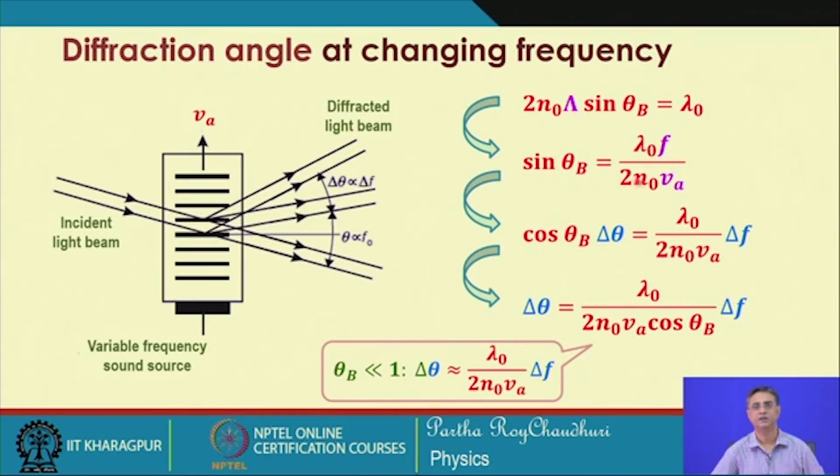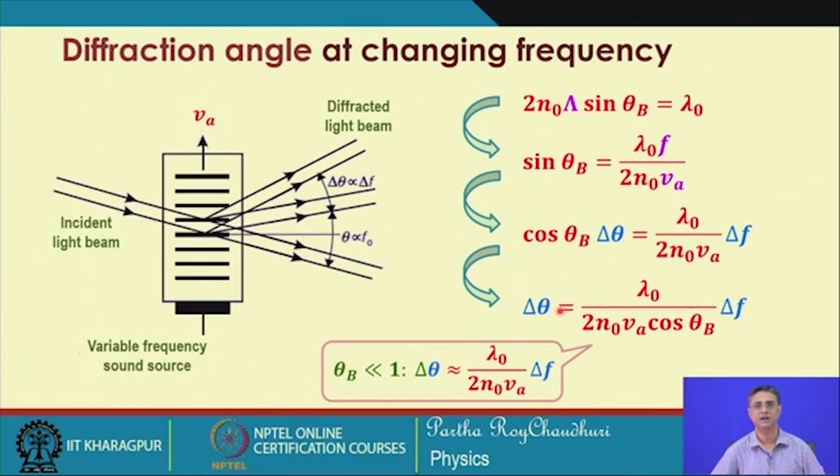Now, if you take the differential of this equation on either side, then we can write cosine theta b delta theta equal to this quantity into delta f. So, this tells you that delta theta is proportional to delta f, that is the acoustic frequency.